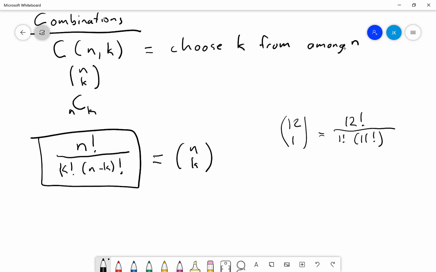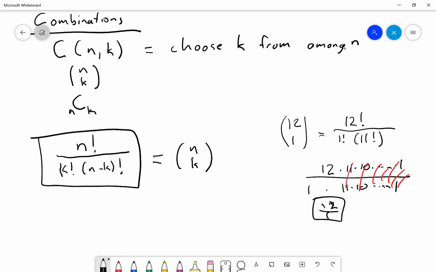And if you just look at how these cancel, 12 factorial is 12 times 11 times 10 times blah, blah, blah, all the way down to 1. 1 factorial is just 1, and 11 factorial is 11 times 10 times all the way down to 1. Well, all of these things are going to cancel, and so you're left with 12 over 1, which is equal to 12. So the answer that you end up with is much smaller and a whole lot less work than it might be to compute the whole thing.